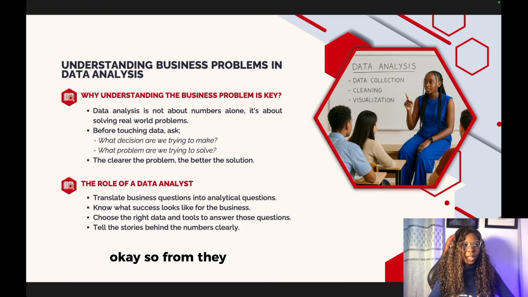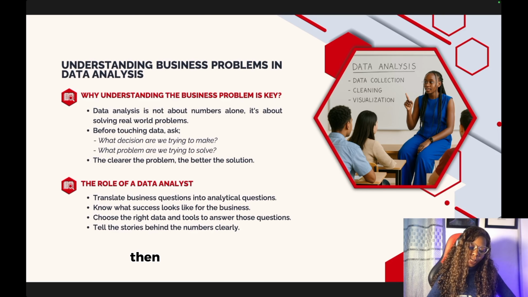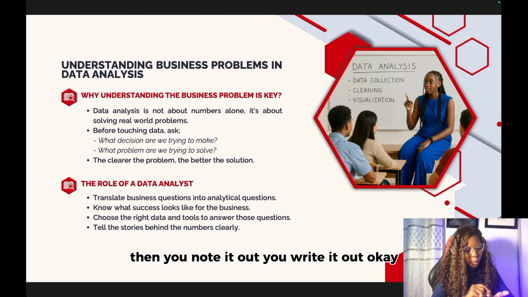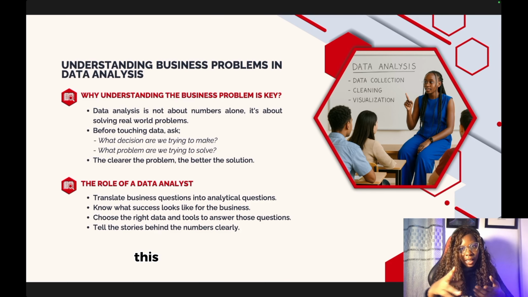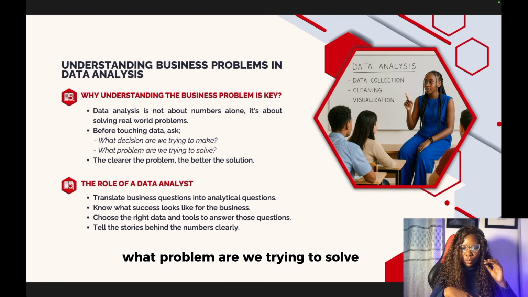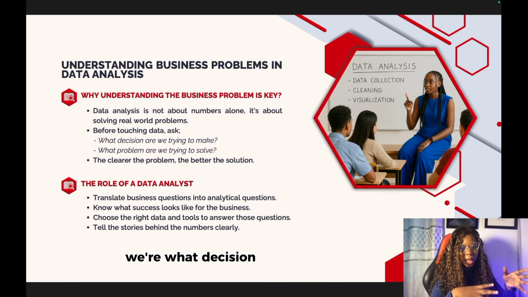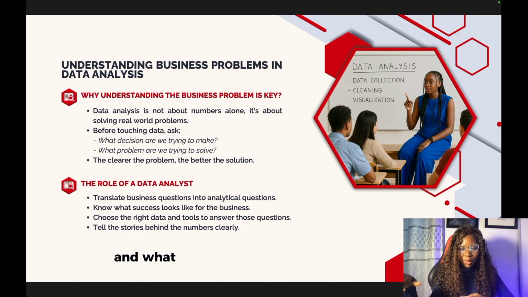Okay, so they gave you a business problem. Now you are sitting back to just ask yourself, what decision are we trying to make? Then you note it out, you write it out. Okay, we are trying to do this. That means you already understand a part of the business problem. Another question you ask yourself is, what problem are we trying to solve? All right. What decision are we trying to make and what problem are we trying to solve?